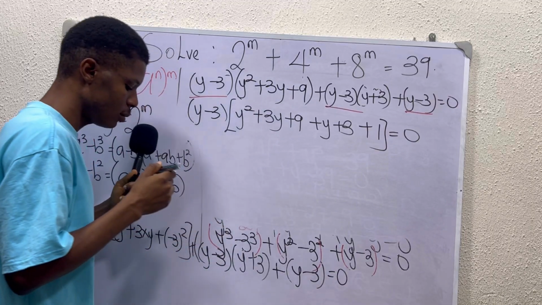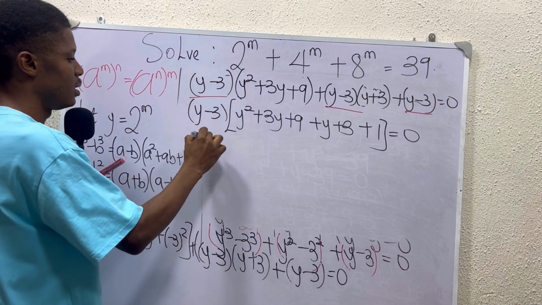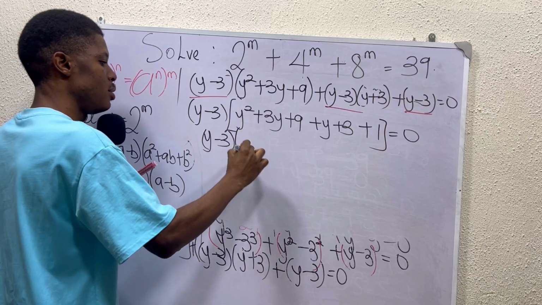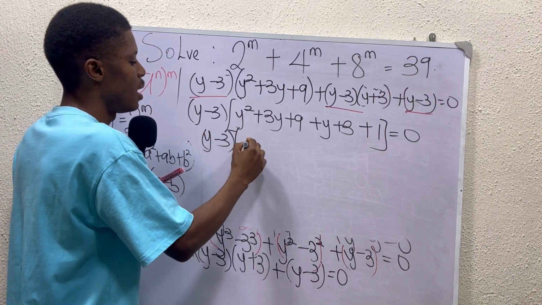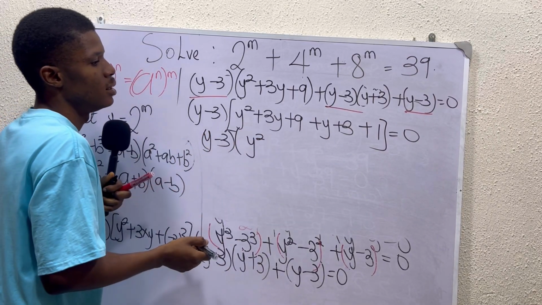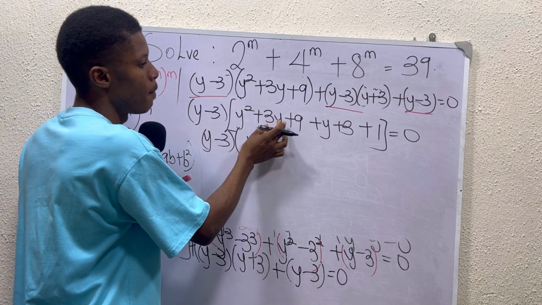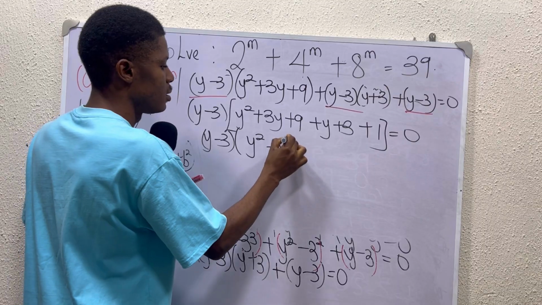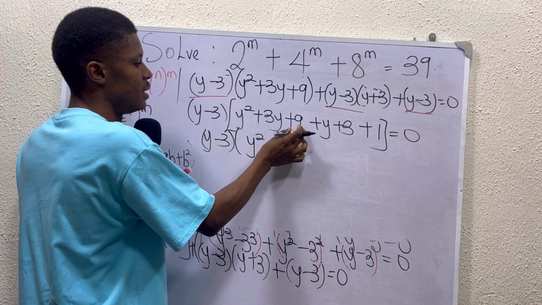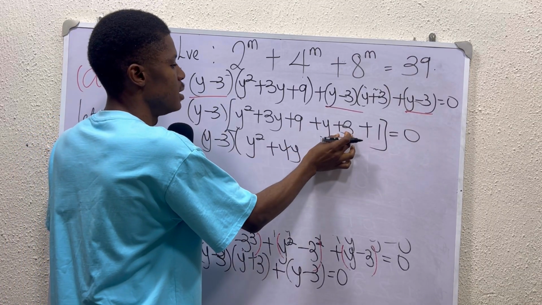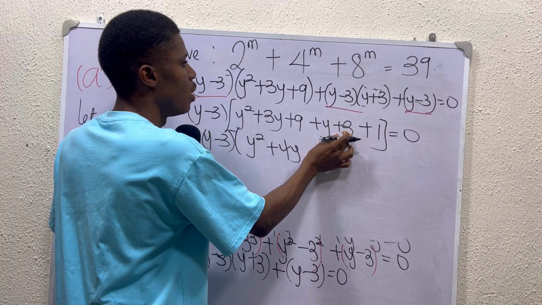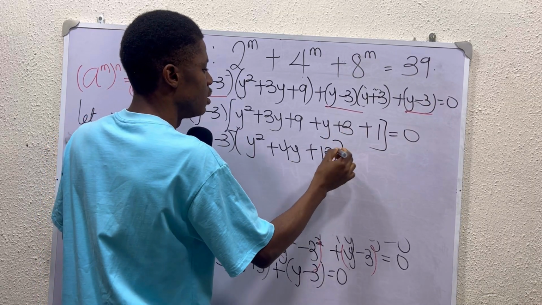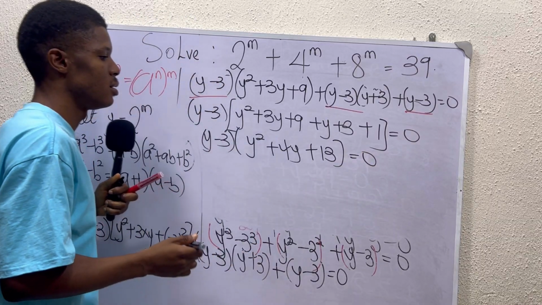So we have y minus 3 into y squared, the highest term. Then 3y plus y is basically 4y. Then 9 plus 3 is 12, and 12 plus 1 is 13, equal to 0.